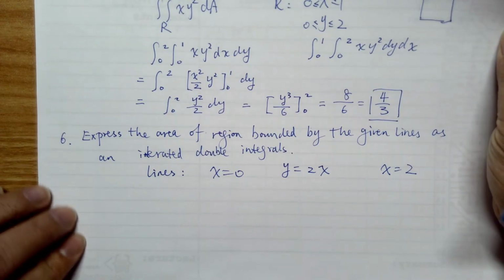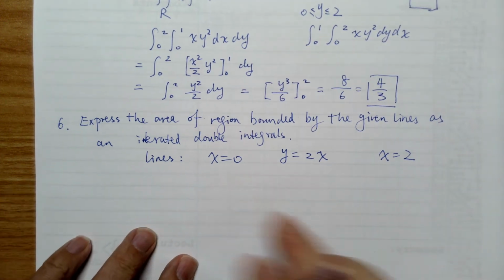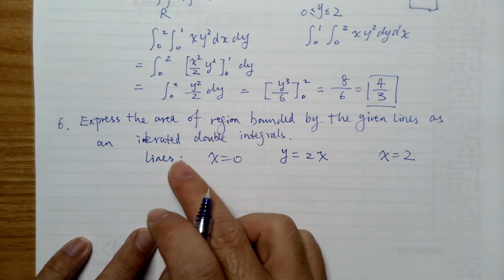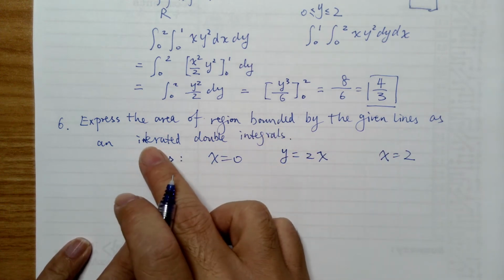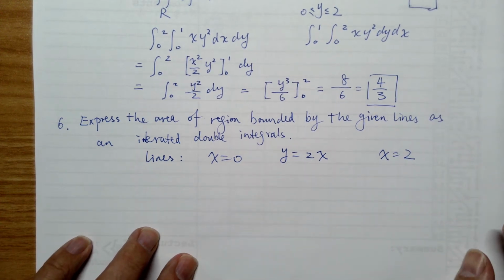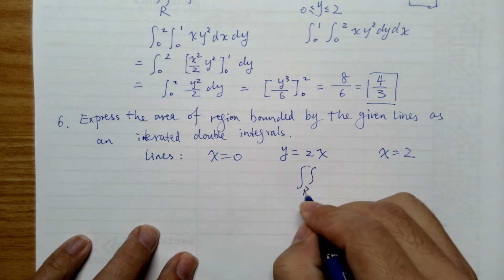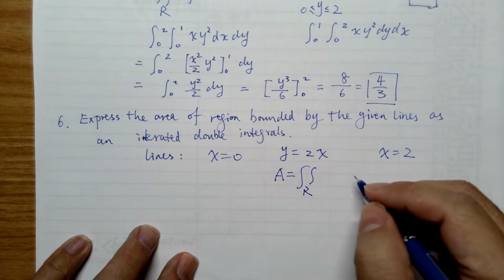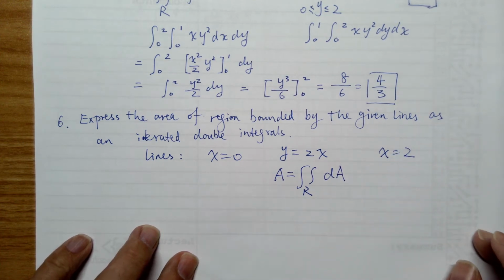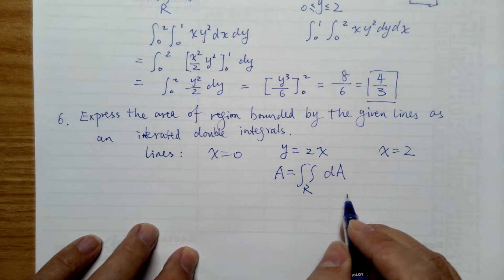Very simple. The second one is to express the area of the region bounded by the given lines as an iterated double integral. So as you can see, the area of the region, if you write it out in terms of a double integral, is in this way, right?